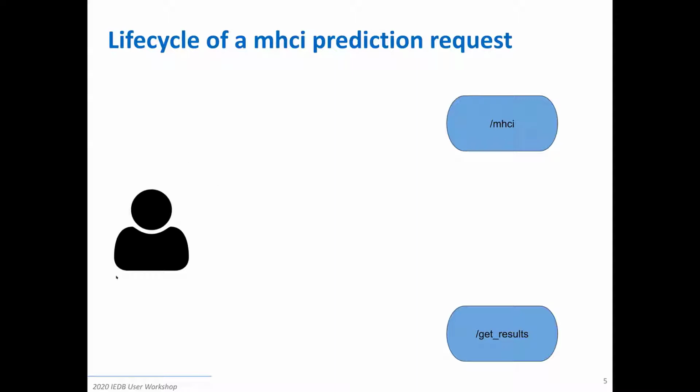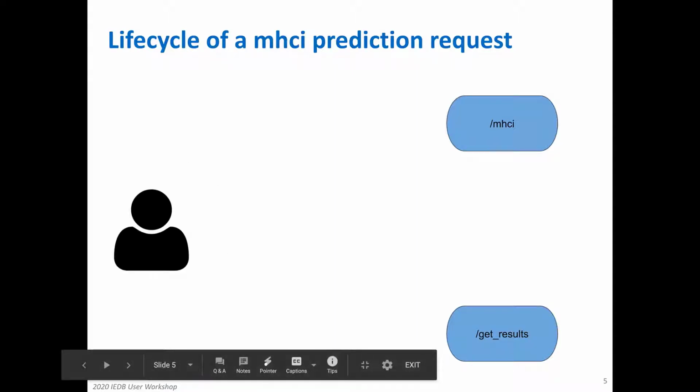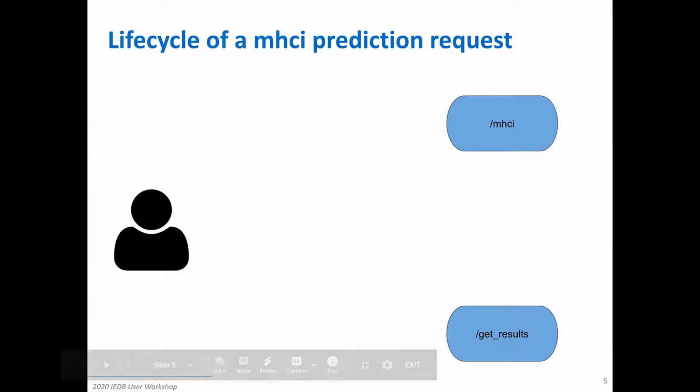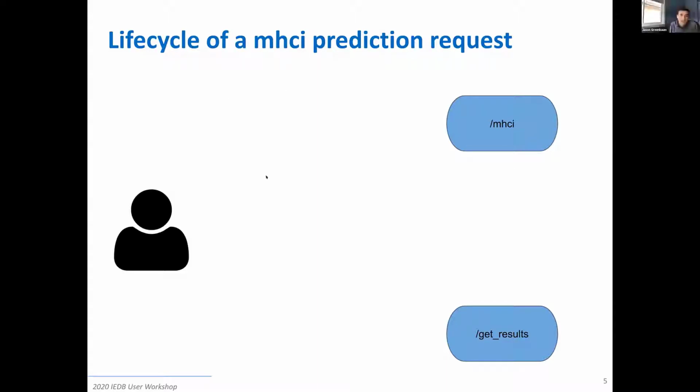On the left-hand side, I have a representation of a user, or this could be an API user or somebody using the website. One of the key things is that we're separating out the back end from the front end, and we're having all of these back end endpoints that not only we're sending to our API users, but our front end will be accessing those as well. So we're eating our own dog food, if you will.